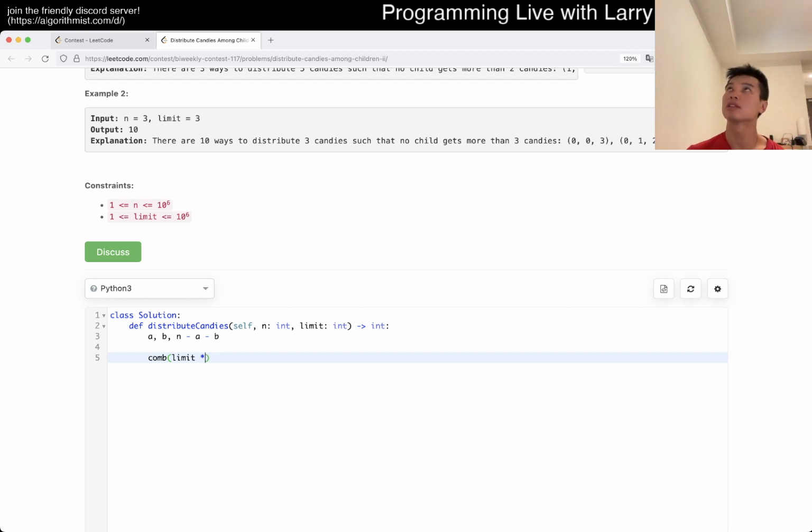So 6. So we have 3 and with limit is 3, we have 6 is only one way. 3, 2, there's 2 ways. So it is binomial. Is it? How do you choose it? How do you figure it out for a given number? Is it limit times 2 choose 2? Don't think so, right? Also, that doesn't even make any sense.